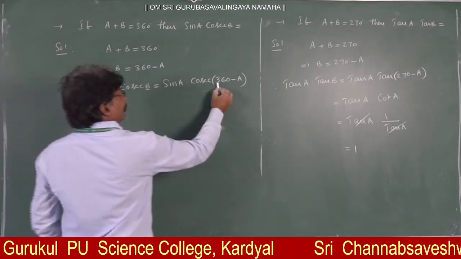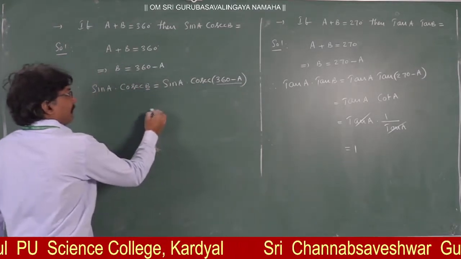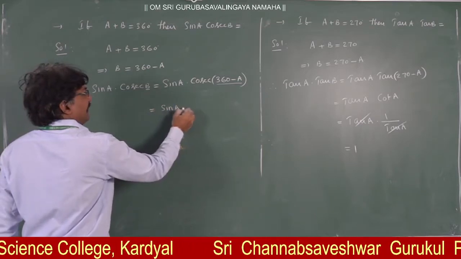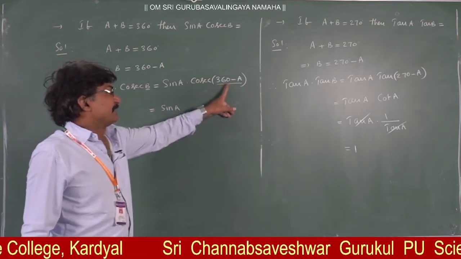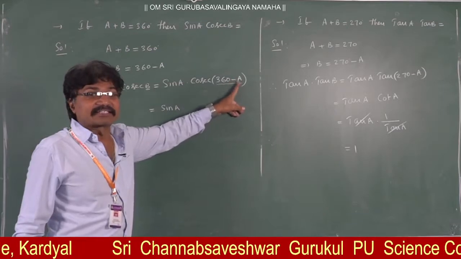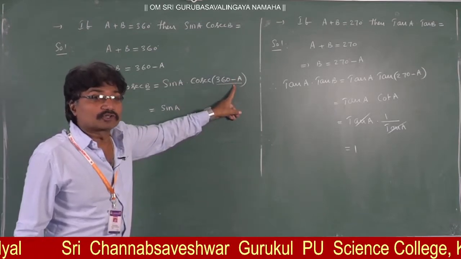B is equal to 360 minus A. That is equal to sin A into cosecant of 360 minus A. 360 minus theta belongs to the fourth quadrant.